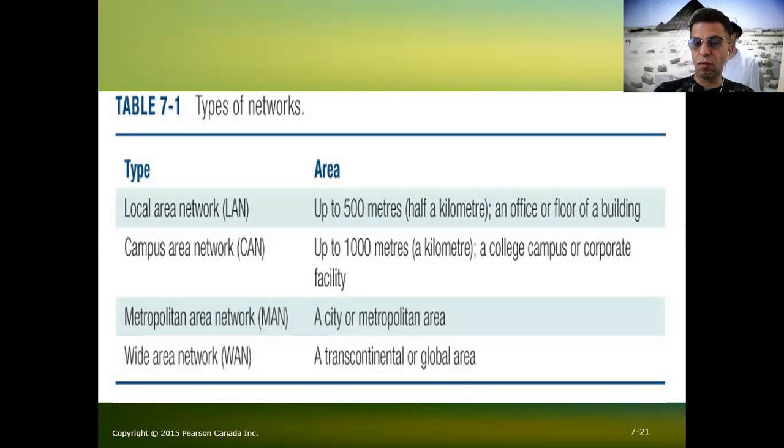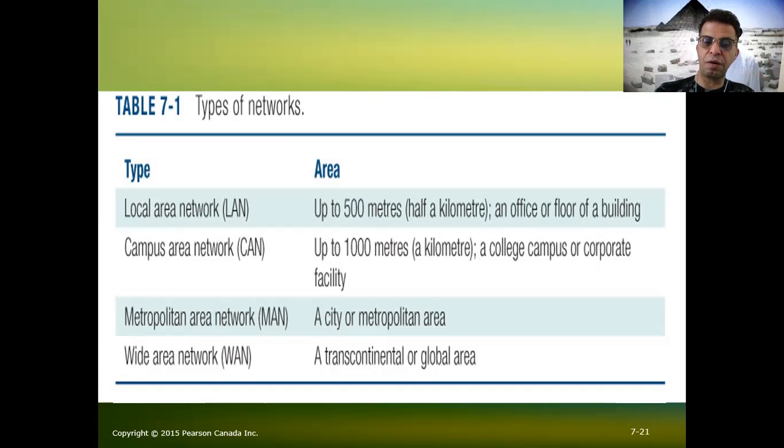Now, what's the difference between LAN, WAN, CAN, and MAN? LAN is a local area network, and the area it covers is around 500 meters or half a kilometer, an office or a floor of a building. That's a small area network.